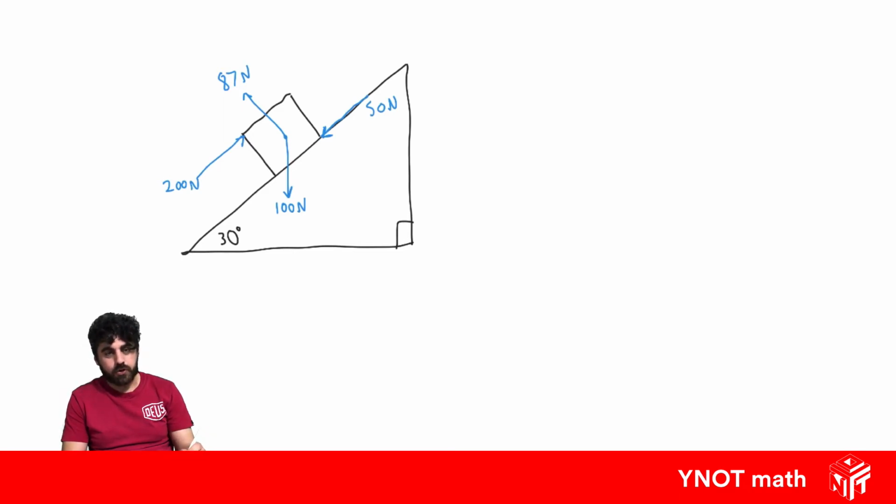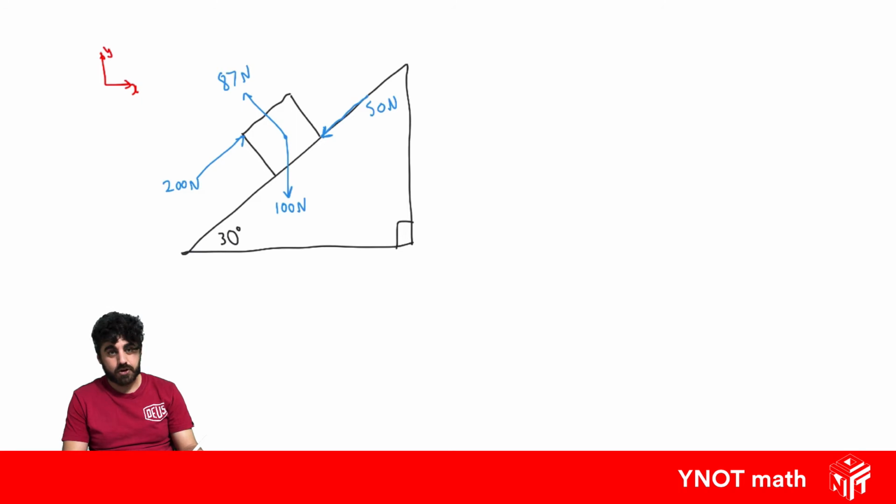And we want to know the overall movement of this system. So what we have to do is analyze the vectors in each of the horizontal and vertical components.